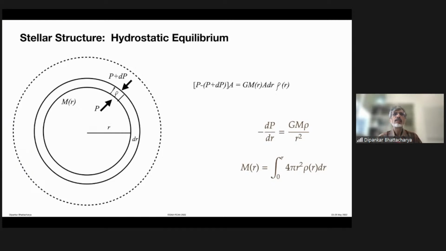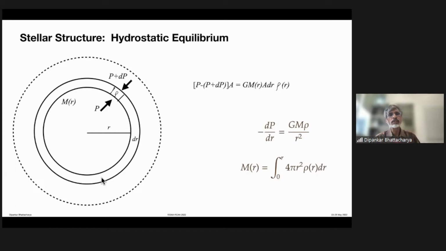So let's then start with this picture. Let this dotted line indicate the outer boundary of the star. This is the center. And at a distance r from the center, within the star, let us consider a shell of it.